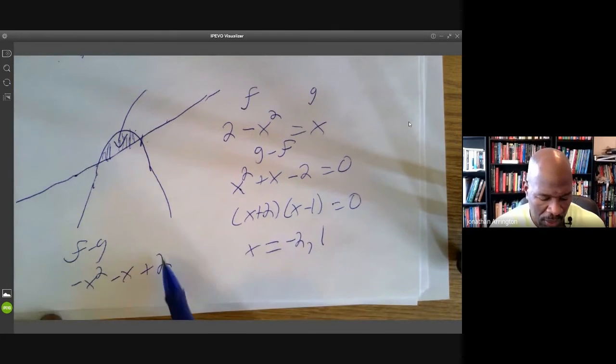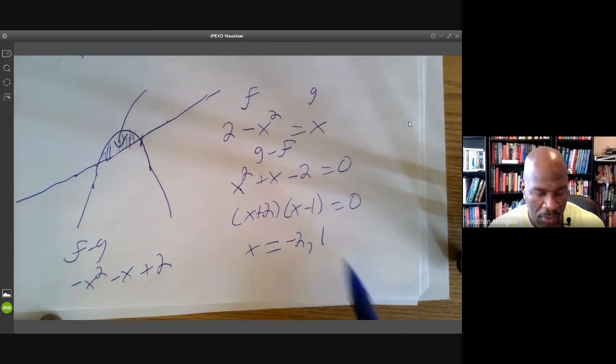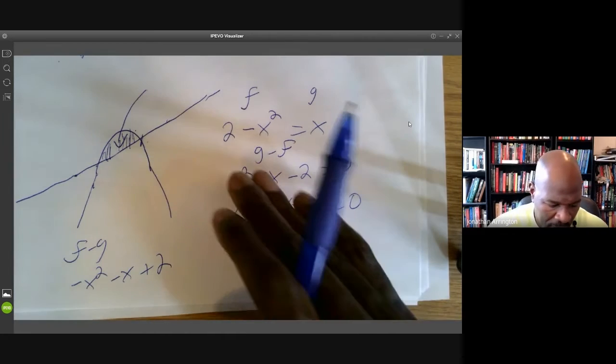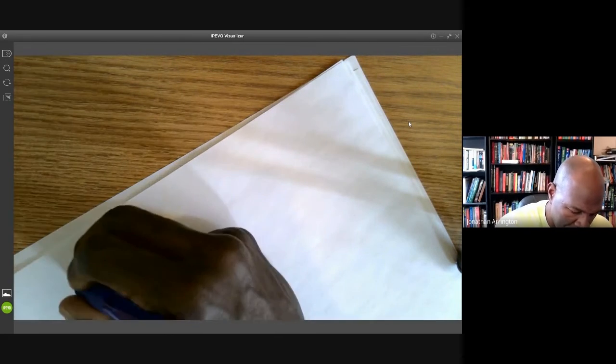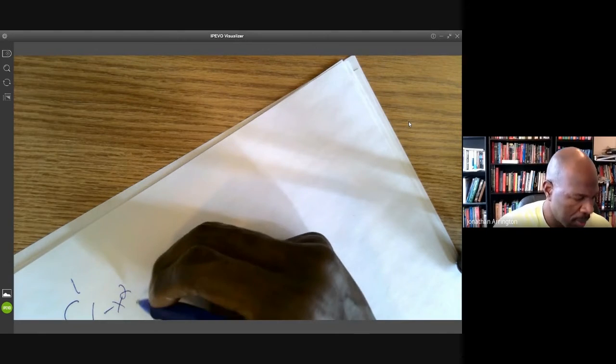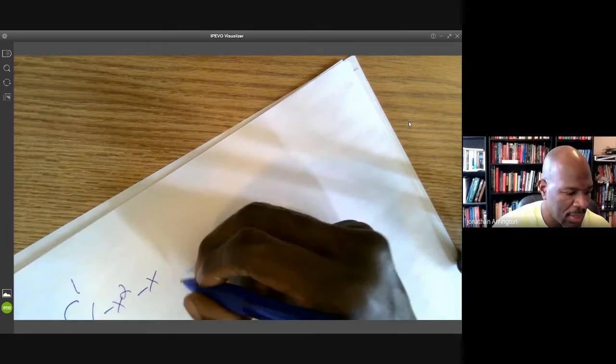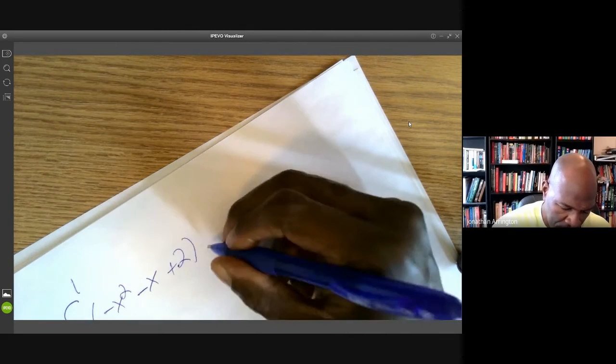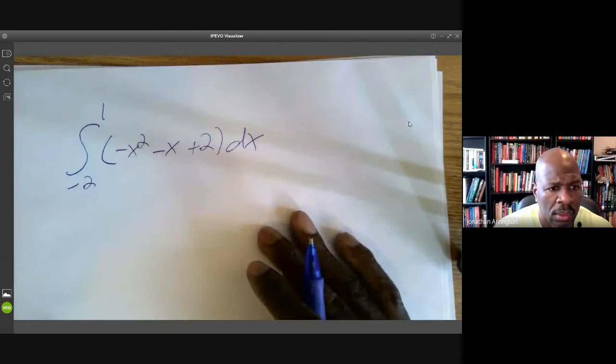So this is what we're going to integrate from -2 to 1. All right, let's go ahead and integrate. So we're integrating from -2 to 1, negative x squared minus x plus 2. All right, there it is.